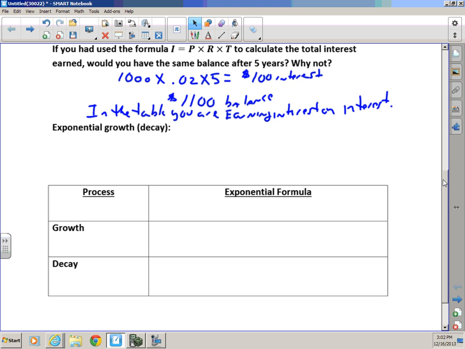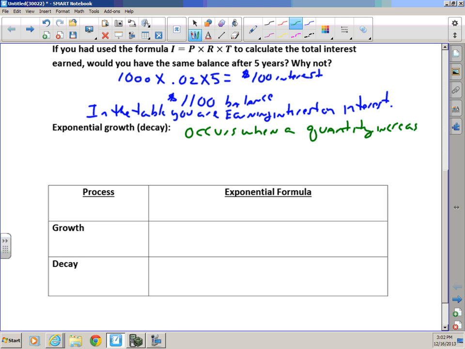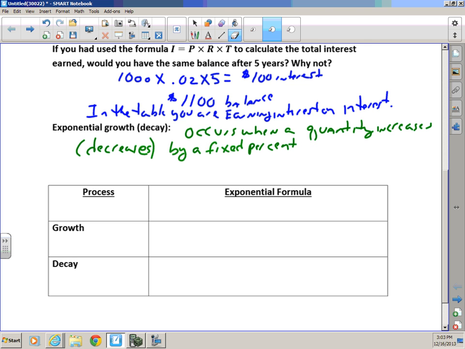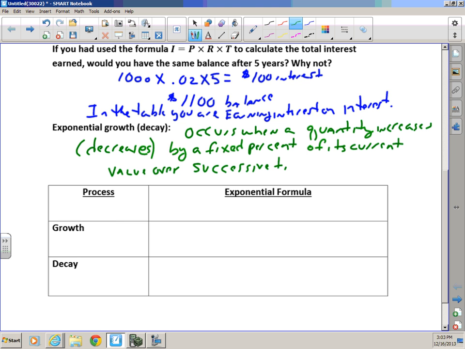But just to get our definition, exponential growth or decay occurs when a quantity increases or decreases by a fixed percent of its current value over successive time periods.